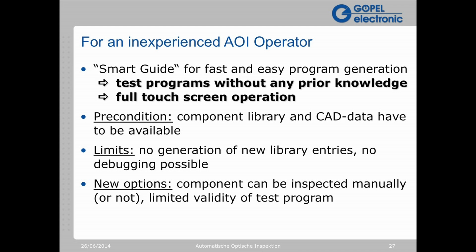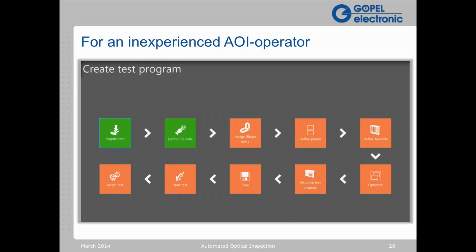To take a quick look at the Smart Guide, as you can see, this is a very simple graphical user interface. It begins with import of CAD data, proceeds through definition of fiducials, and then assignment of library components. And then from that point, a test program can be produced.